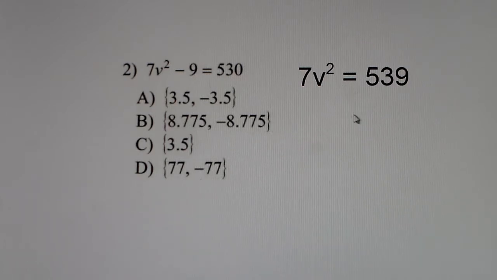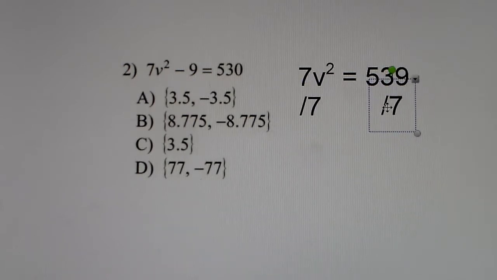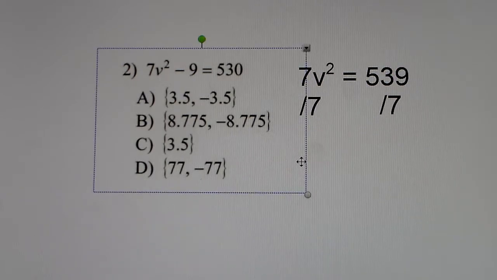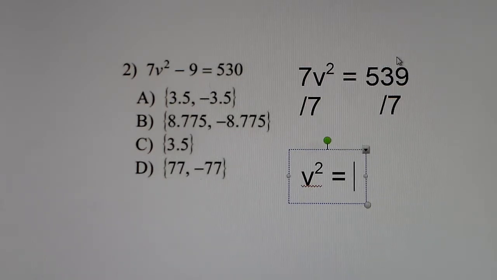Then we're going to divide by 7 to both sides. I'm going to do the nice easy one. Divide by 7. Divide by 7. So then you have v squared is equal to 539 divided by 7.